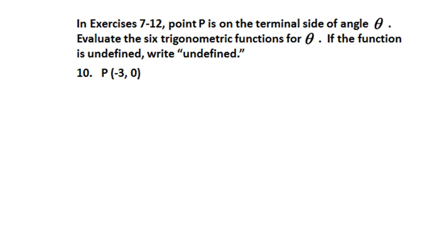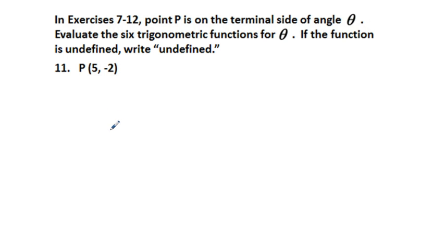Okay. Problem 11. If point P is on the terminal side of angle theta, again, if we draw a coordinate plane, we have 5, comma, -2, so we go to the right 1, 2, 3, 4, 5, and down 2, and so our point is located right here.